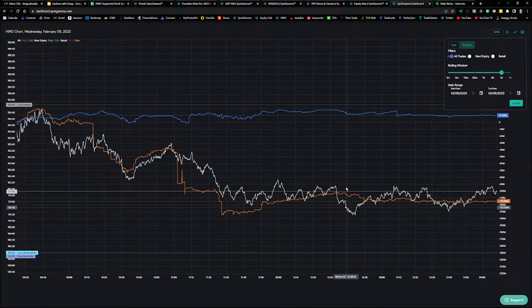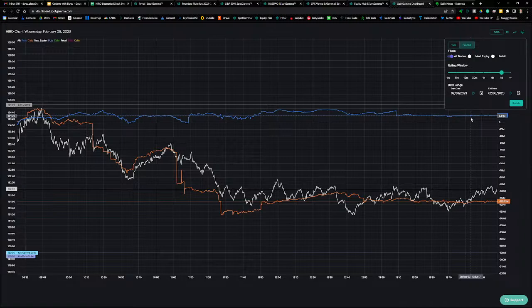And calls are driving that, shown by the orange line. Traders are selling calls, not doing much with puts. Notice the put line, the blue line, is pretty much flat for the day. Traders are selling calls, and that was driving price lower.